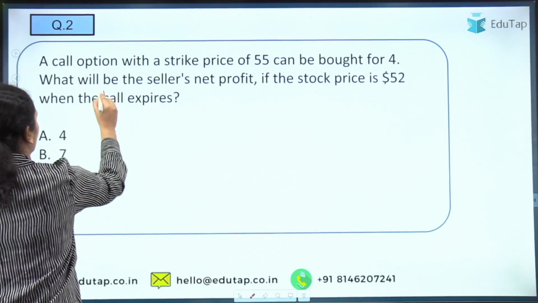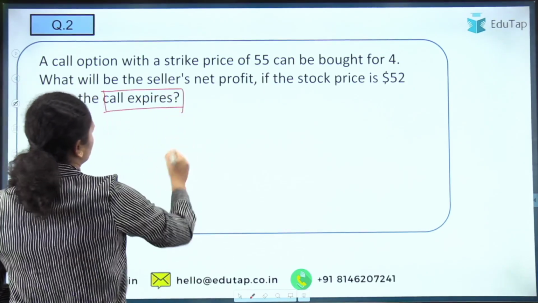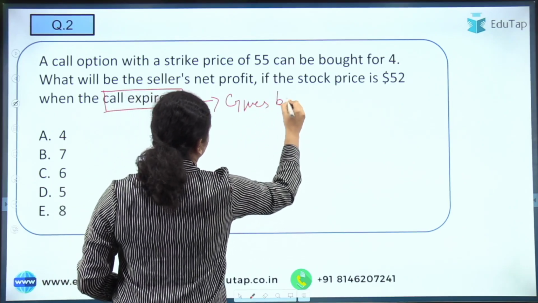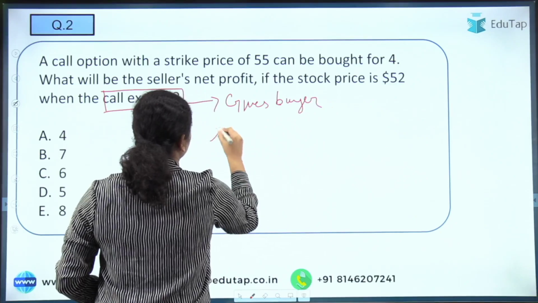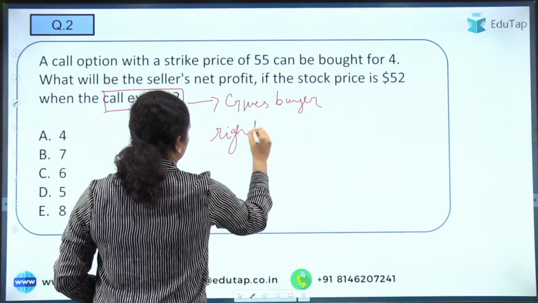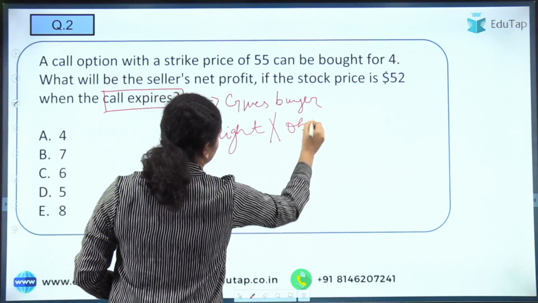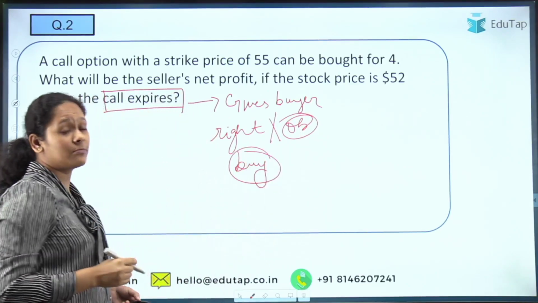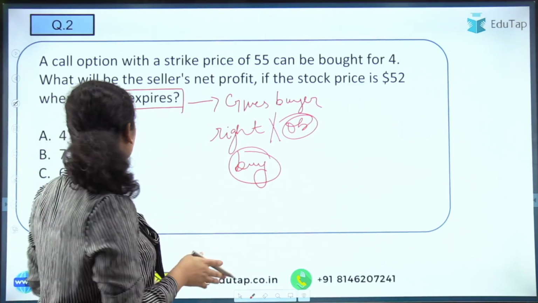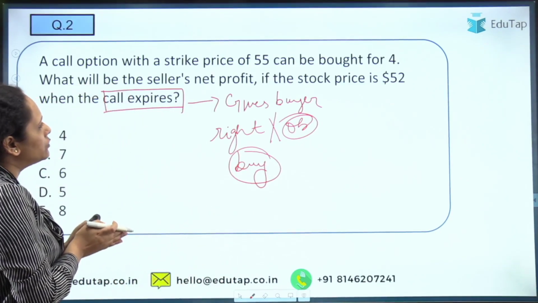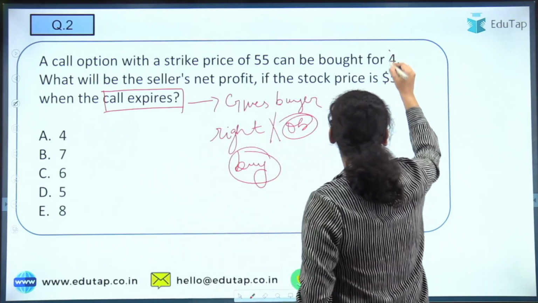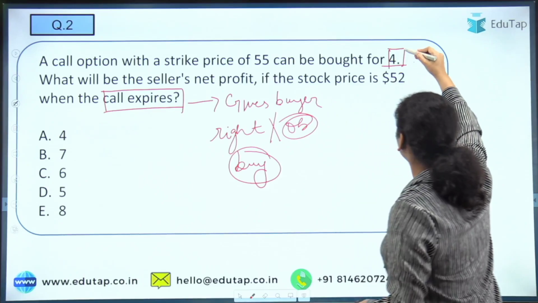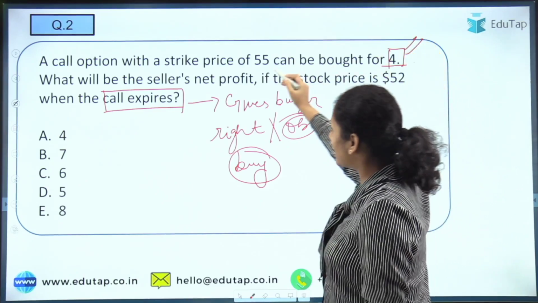Now what is a call option? ठीक है, the call option में क्या होता है, it gives the buyer the right to buy but he is not obliged, है ना, he is not obliged to buy, unlike in case of a future and a forward contract. So now what is this rupees 4? ठीक है, the statement says that the call option can be bought for rupees 4. The strike price is 55.